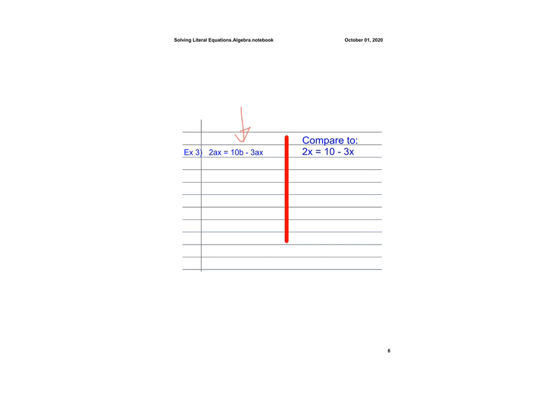So again, this is the literal equation because it has an a, b, and an x. I changed everything that wasn't an x over here to a number. So if I were to solve this, I would add 3x to both sides. So I get 10 equals 5x. And then the same thing over here. Instead of adding 3x, I'm going to add 3ax and add 3ax.